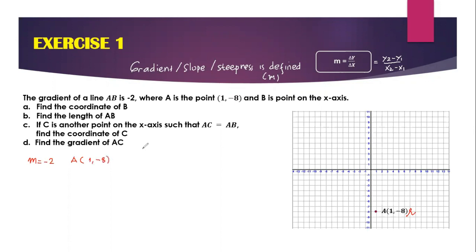And B is a point on the x-axis, so B lies on the x-axis. Okay students, first we are going to find the line equation.